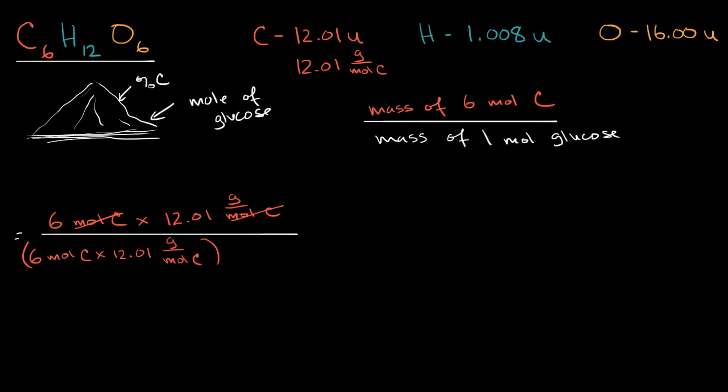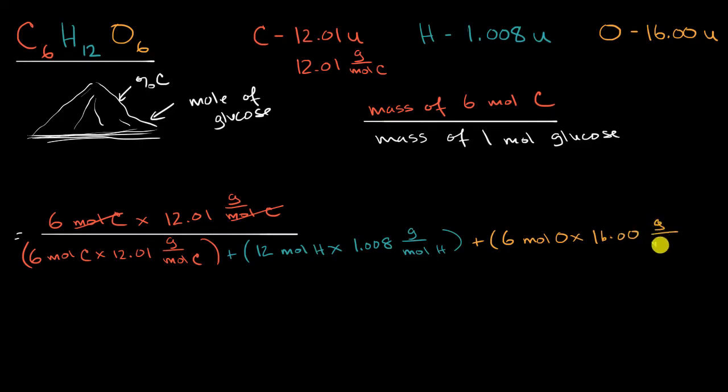To that, we are going to add the mass of 12 moles of hydrogen times the molar mass of hydrogen, which is going to be 1.008 grams per mole of hydrogen, plus 6 moles of oxygen times the molar mass of oxygen, which is going to be 16.00 grams per mole of oxygen.